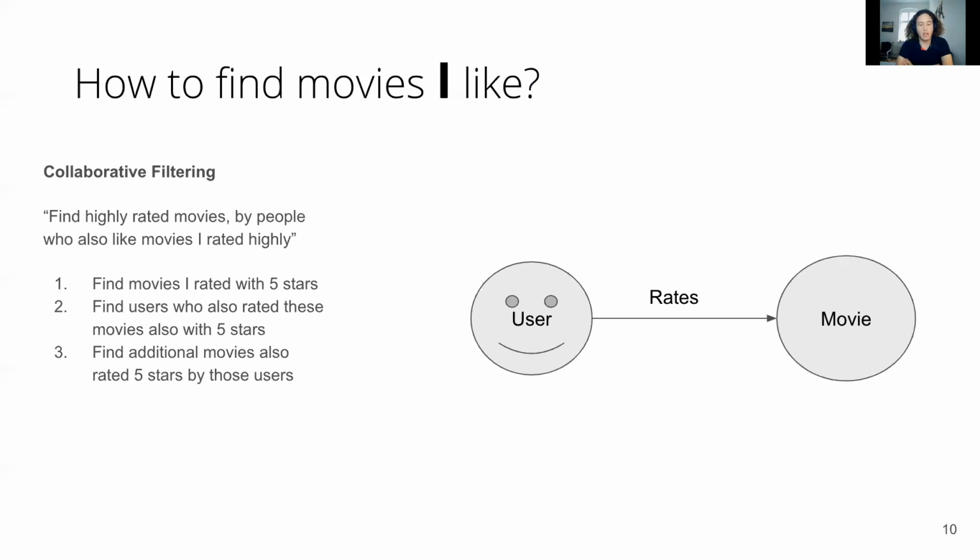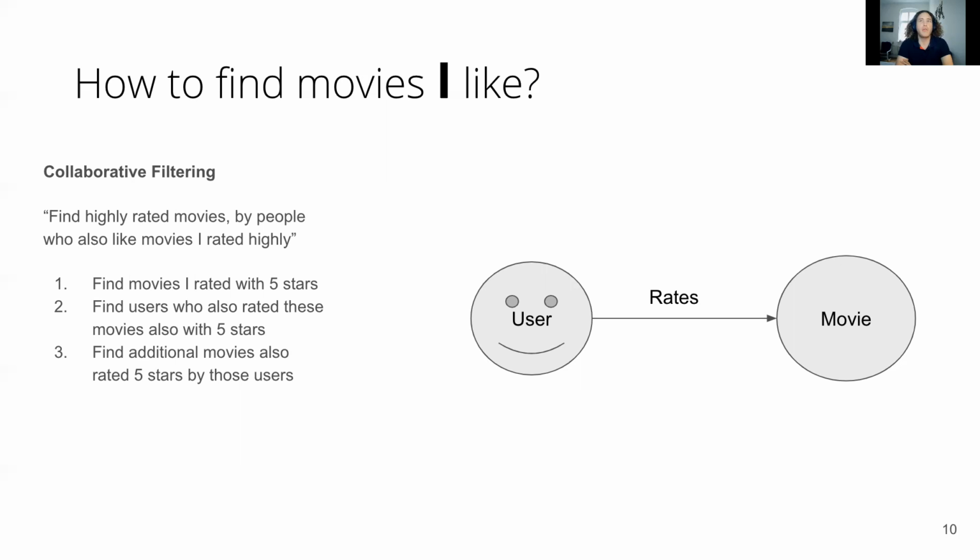The next step is we want to identify people with a similar movie preference as us. So we want to identify people who also rated those same movies with 5 stars. So the same ones we like, they also rated. And then we have a set of users which supposedly at least has a similar taste as we do.